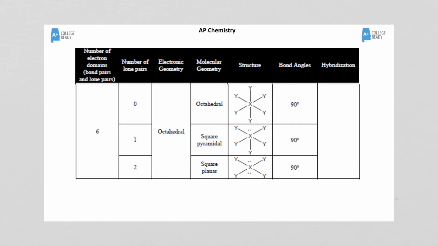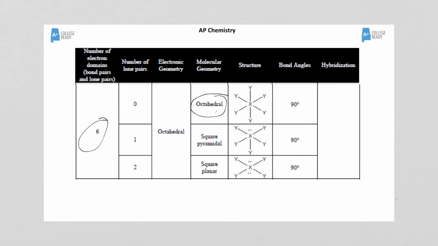And then the last few shapes, octahedral. If you build this model, the reason it's called octahedral is it doesn't have 8 bonds. If it's all bonds, it's 6 total bonds or 6 regions around the central atom. But if you build an octahedral molecular geometry shape, it has 8 faces.